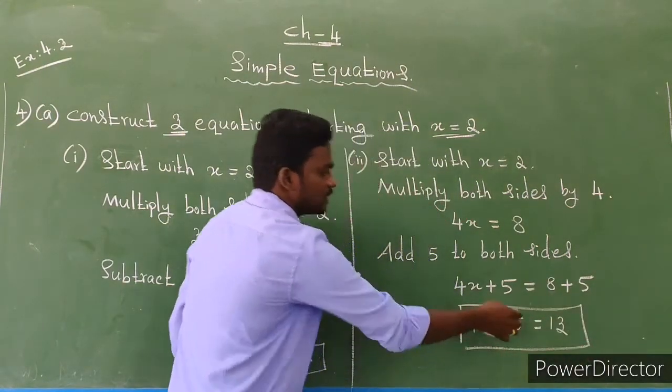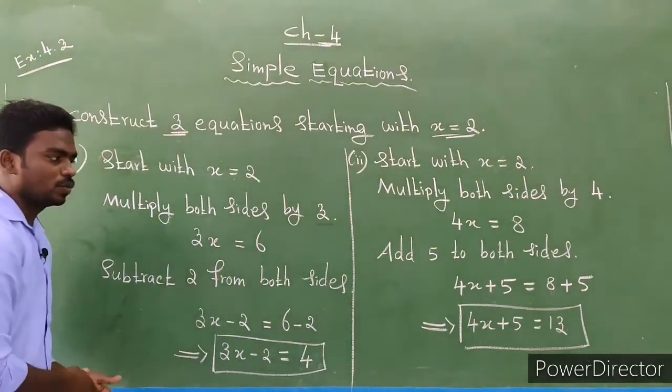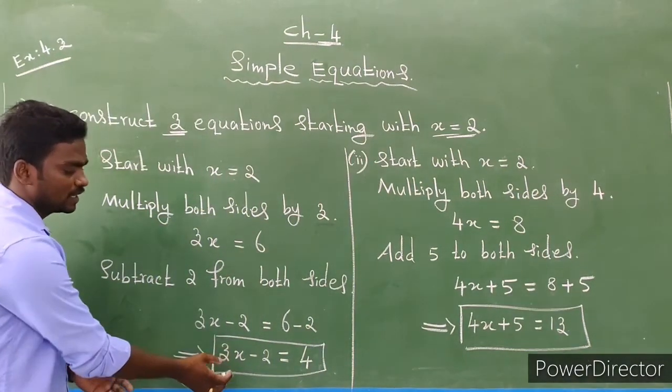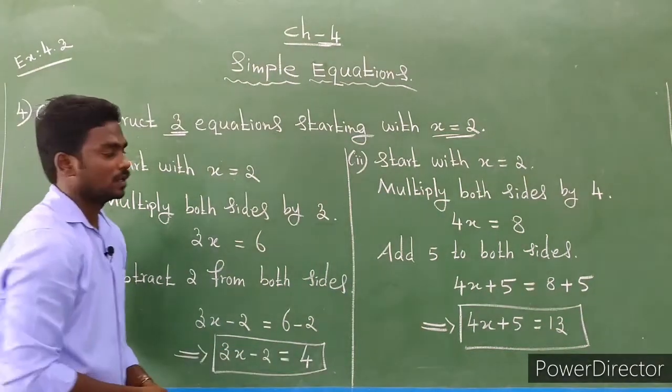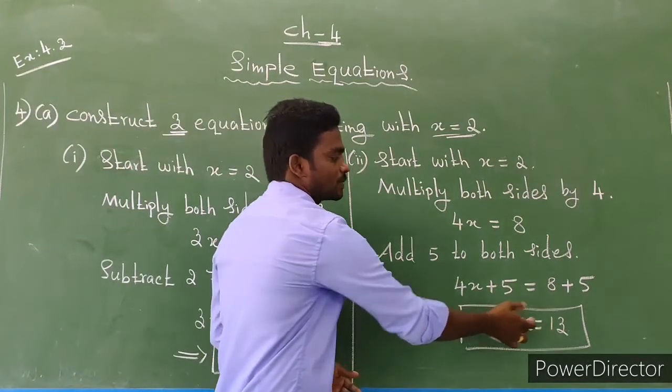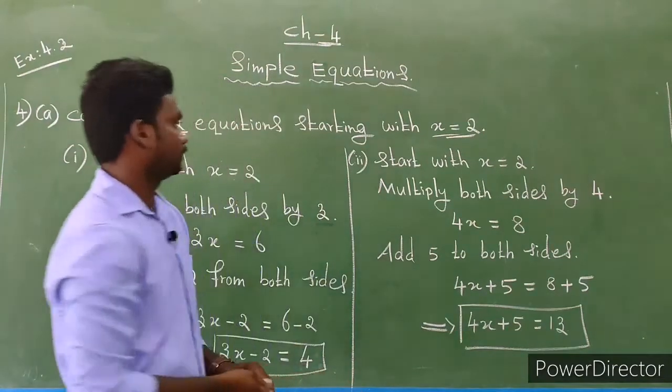So 4x plus 5 is equal to 13. So we get two equations: the first equation is 3x minus 2 is equal to 4, and the second equation is 4x plus 5 is equal to 13.